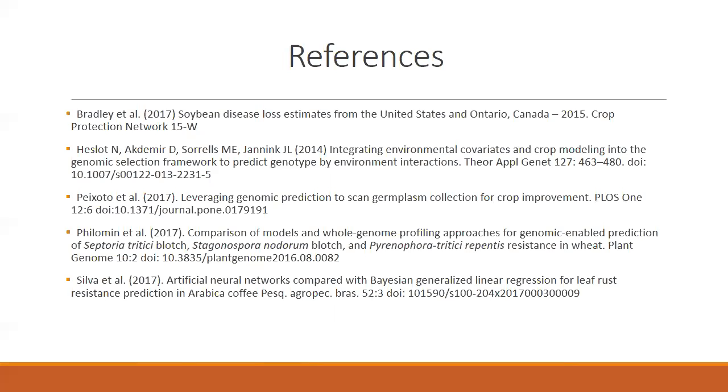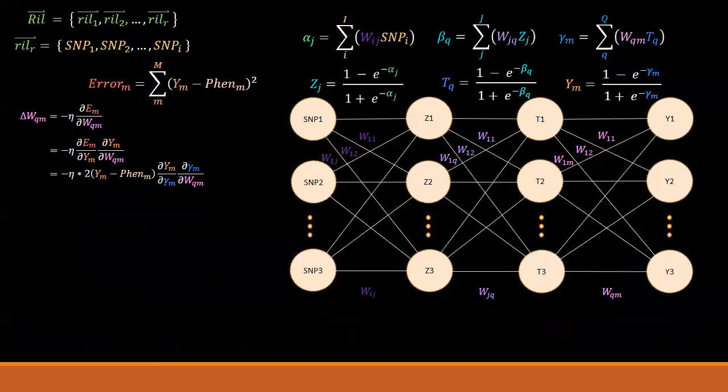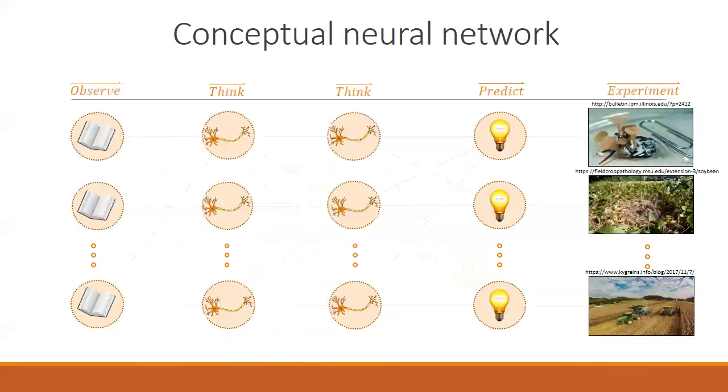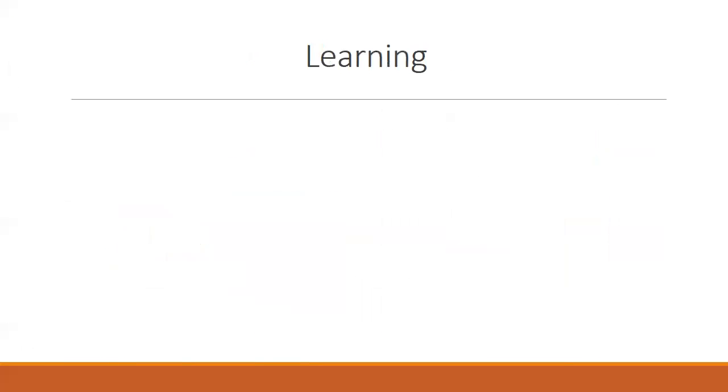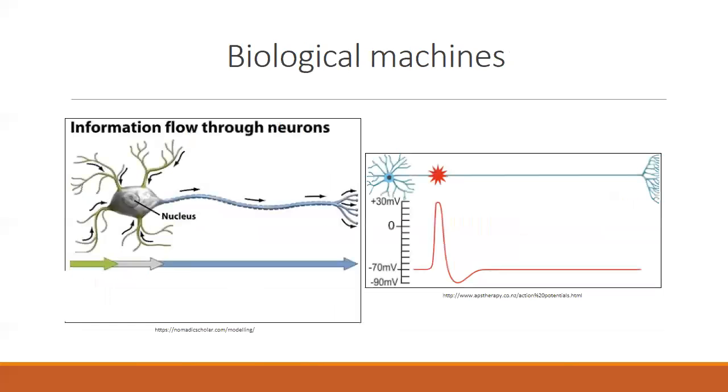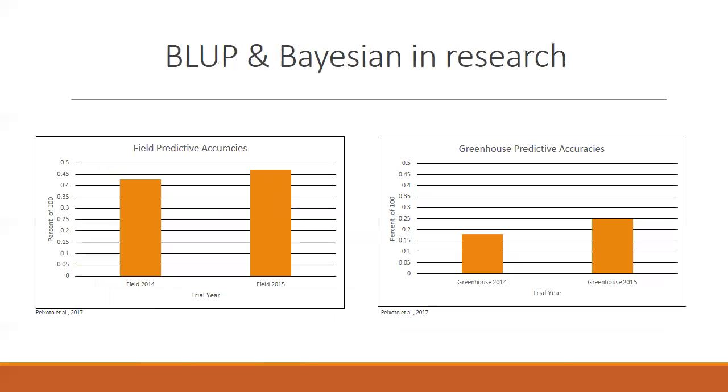Back to your slide with the greenhouse and the field, predictive values for the greenhouse and the field. The box plot. And there were two. Yeah, there. Next one. So I guess we're looking at predictive accuracies.